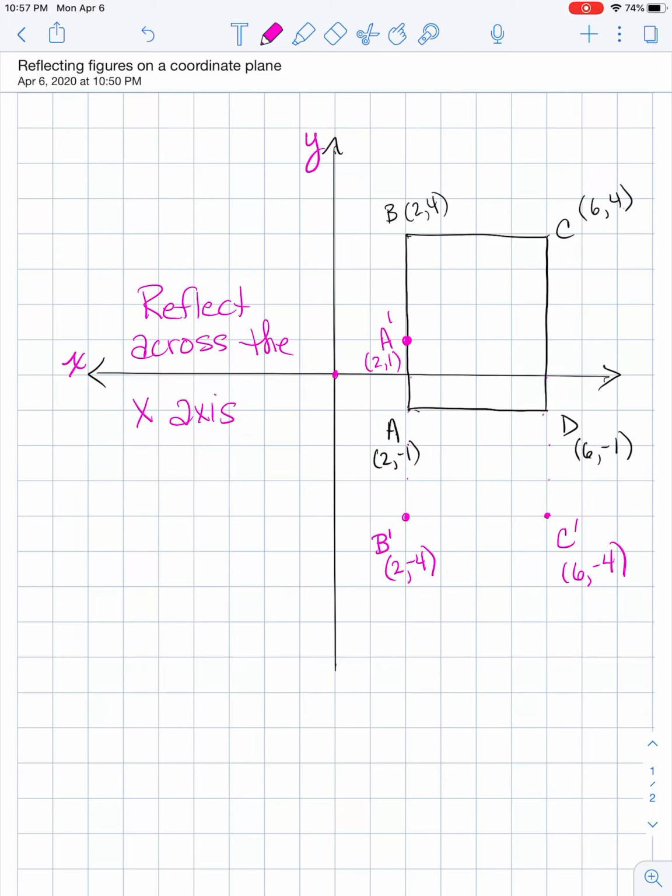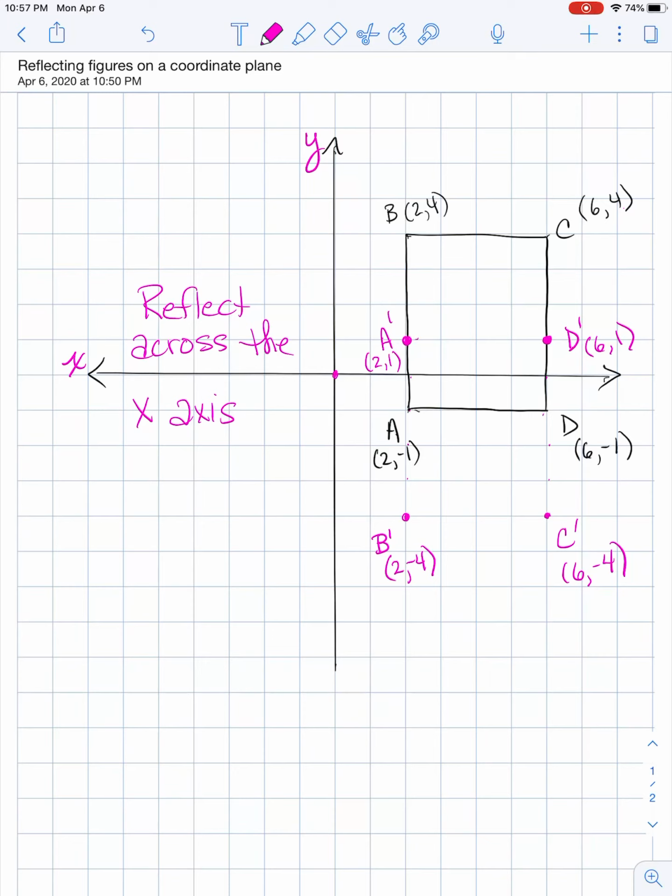And so if we keep that up, point D prime should be the same x, which is 6, and instead of -1, it should be +1. So we're going to go across 6, and instead of going down 1 like we did for point D, we're going to go up 1 for point D prime, and that is going to be 6, +1.